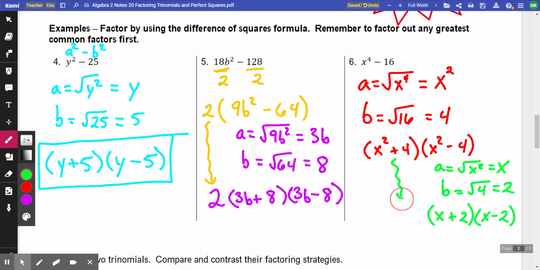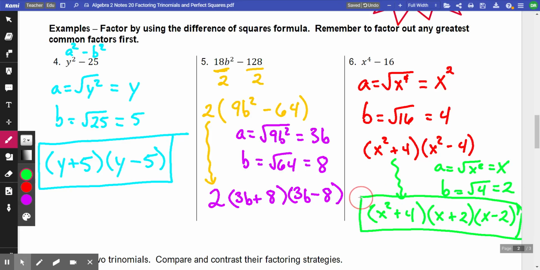And we need to keep our original factor that no longer broke down, but it is needed to get back to our original polynomial that has an x to the fourth. And that is just a case right there, something that we don't see often, but it is possible, a case where we can break down a little bit more after we've already factored one time.